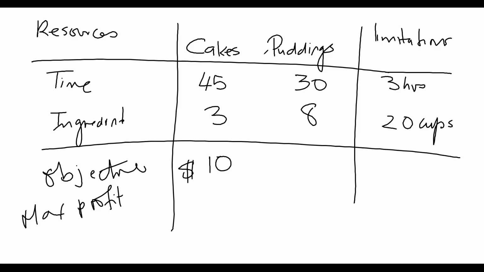And how much on a pudding? $6. There is the shell to formulate your linear programming problem. If you're able to separate the information in such a manner, you're almost home free.